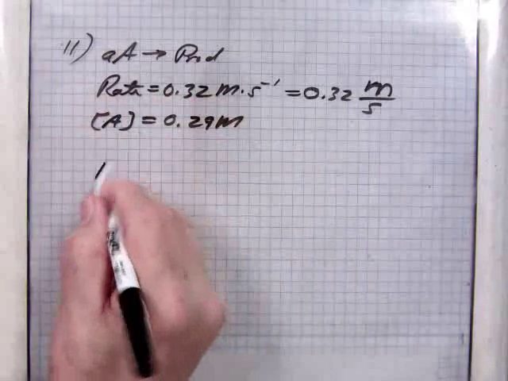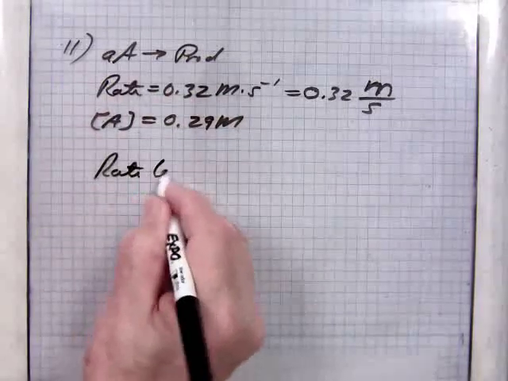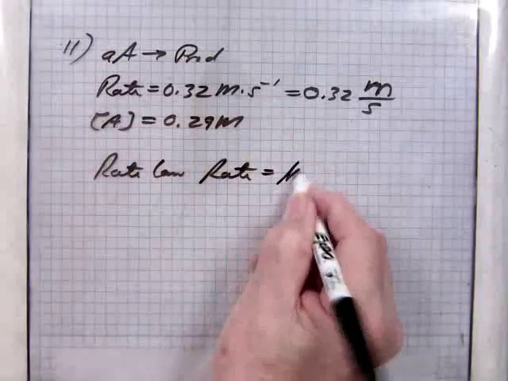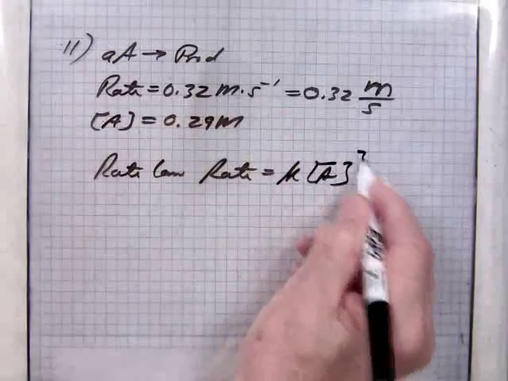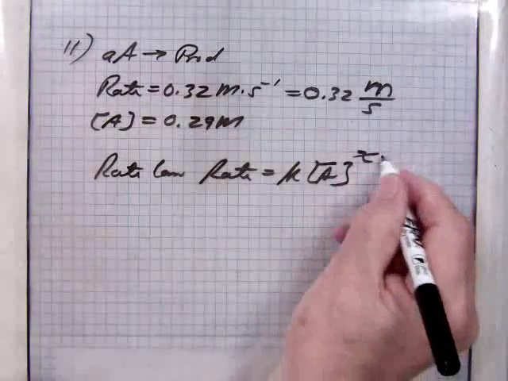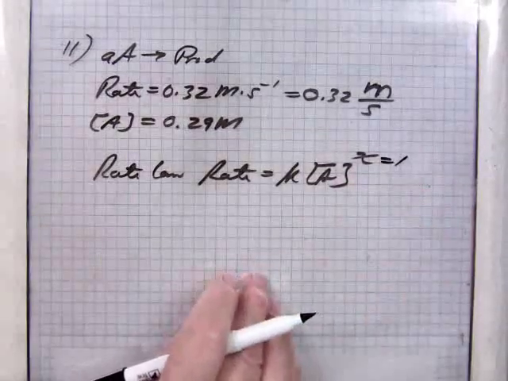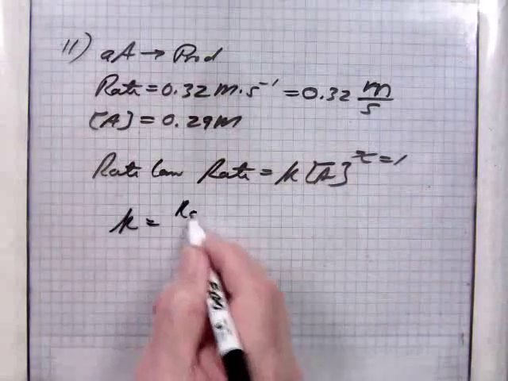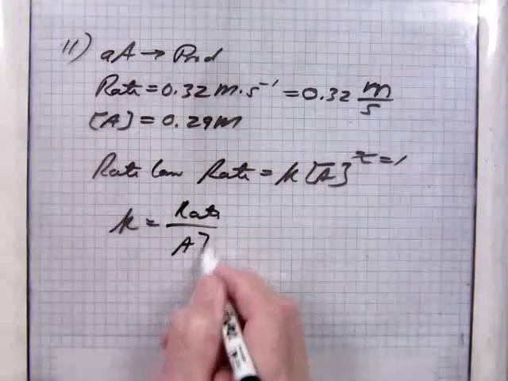Well, what's your rate law? Rate is equal to K times A raised to whatever, and it is a first order reaction, I think it says. Yeah. So x is already 1, like that. So you solve for K, rate over concentration.